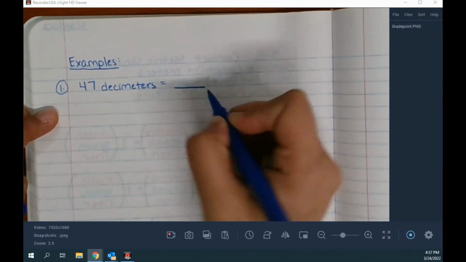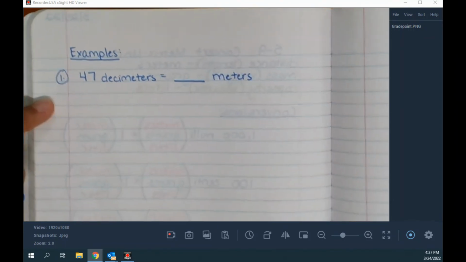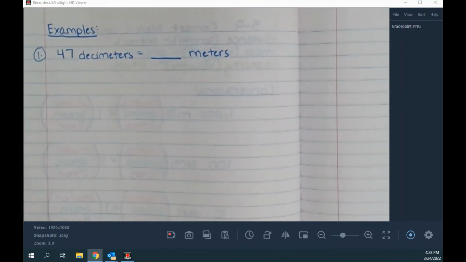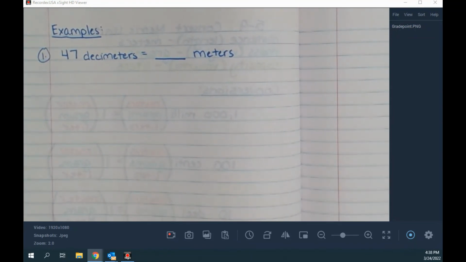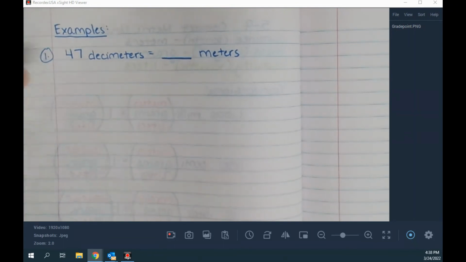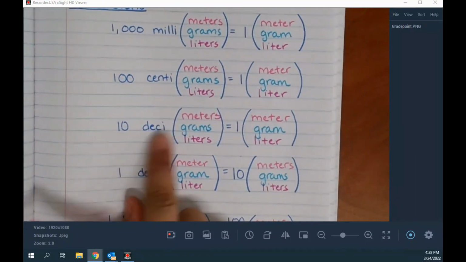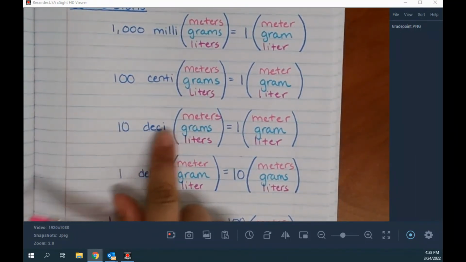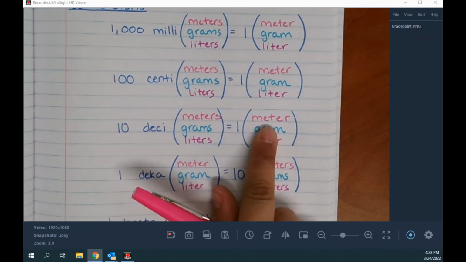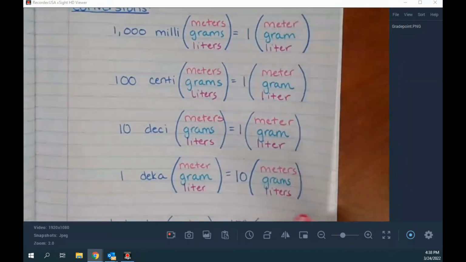So I want to know how many meters that is equivalent to. So the first thing I'm going to do is look at my units. We're going decimeters to meters, and I'm going to look back at my conversions. And I see here's decimeters, and there are 10 decimeters for every 1 meter. So I'm going to start with that ratio or rate.